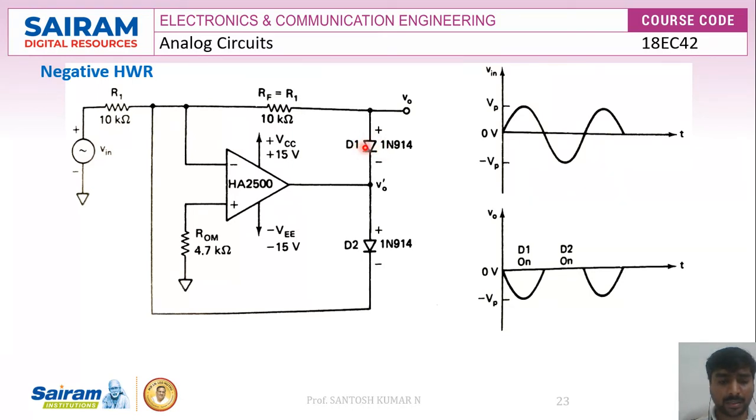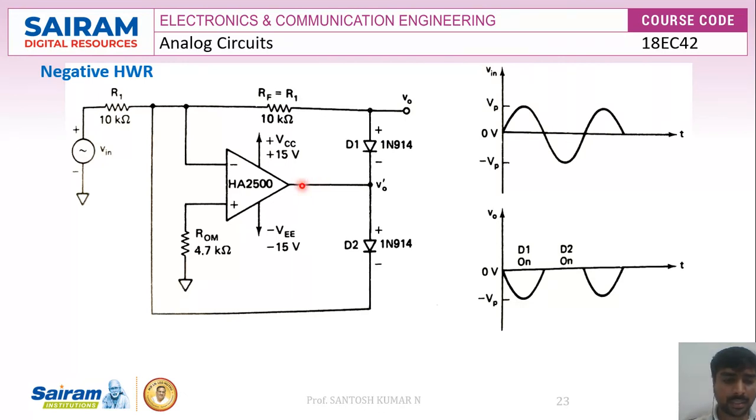So this is one problem with this particular two diode model. It has a variable input resistance. When V in is positive, the V naught will be negative, because it is connected in inverting mode. So when V in is positive, the output will be negative.